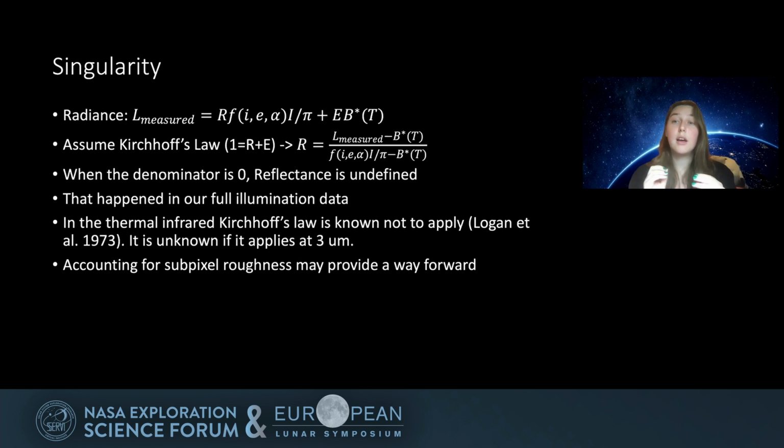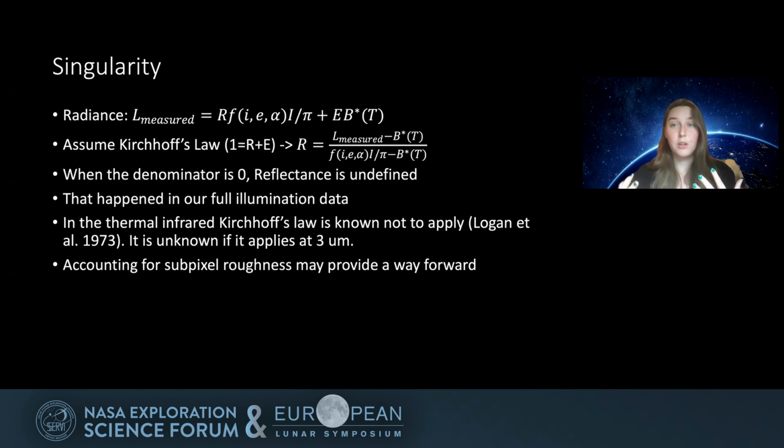And this happened in our full illumination data set. For the full illumination data, we had to use a thermal correction method that doesn't account for Kirchhoff's law. But if you have an emission feature and a reflectance feature being multiplied by the same radiance, then they can cancel each other out and it will look like 0.